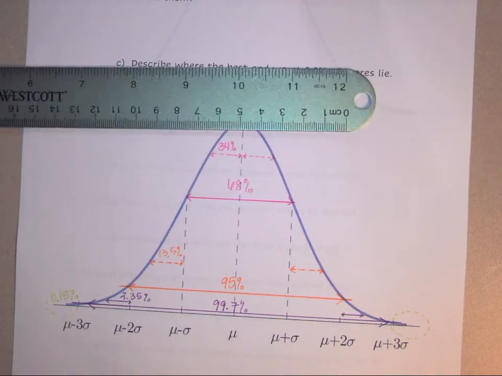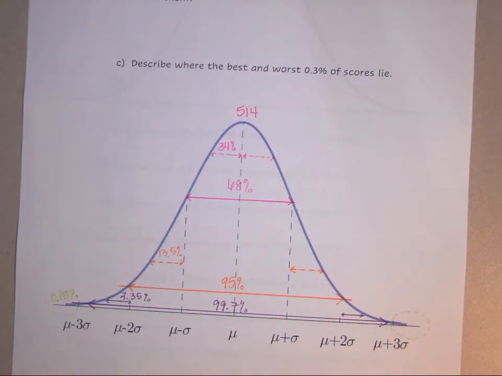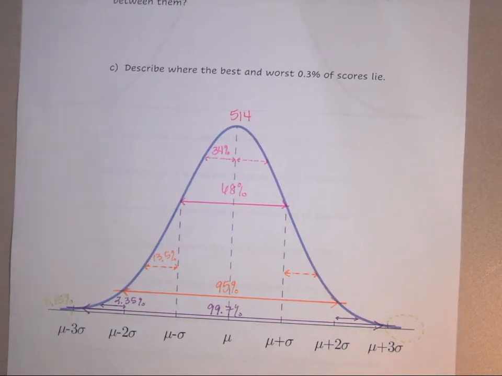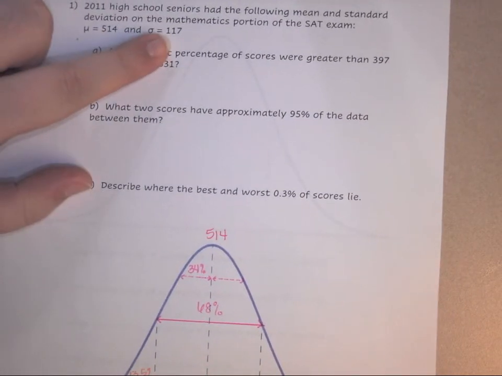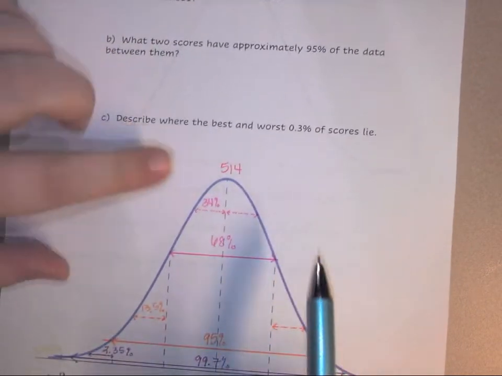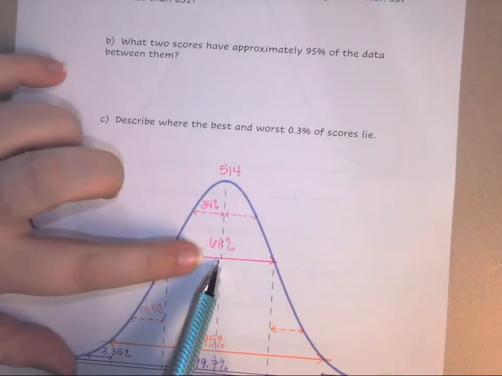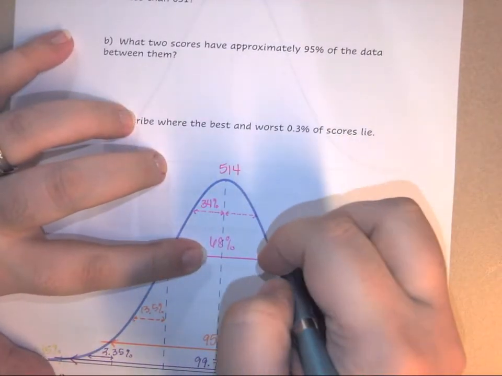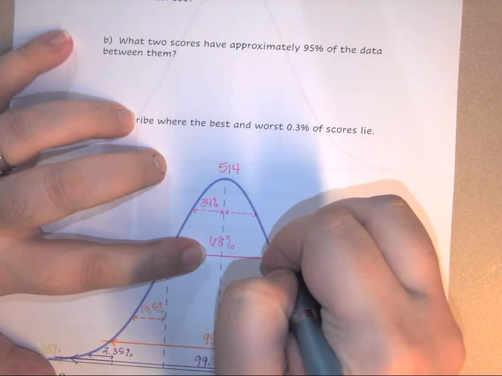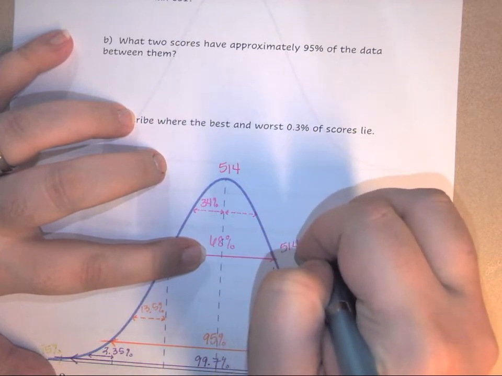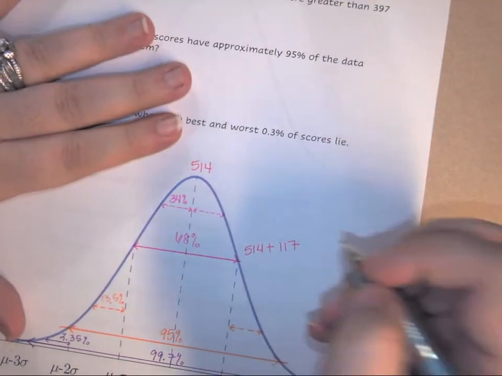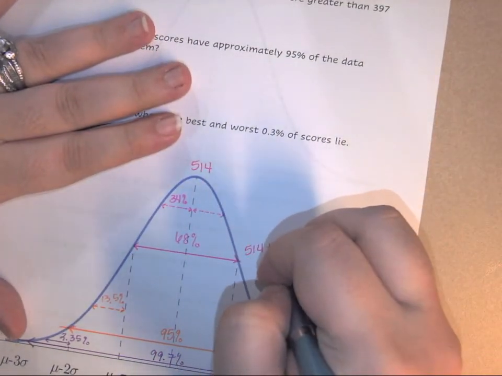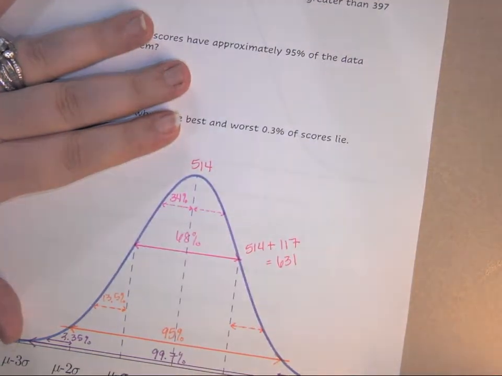Now that we've got it all labeled, we actually have to go in and label what's going on here. We're told that our standard deviation is 117. So if I'm going to start at my mean and go out to one standard deviation, this is going to be 514 plus my standard deviation, so we end up getting that this value is 631.